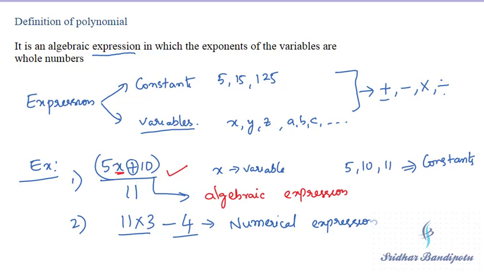What is the variable here? x is a variable. If a variable is involved in an expression, it is an algebraic expression. If only the constants are connected by the operations addition, subtraction, multiplication and division, then it is called numerical expression. Is it clear? So expressions we can write either as numerical expressions or algebraic expressions. Now let's discuss the actual definition of polynomial.